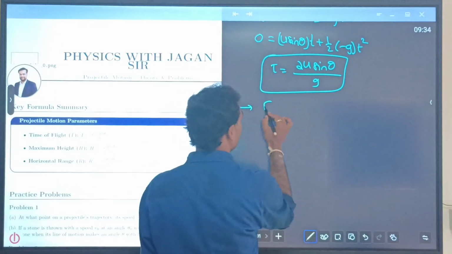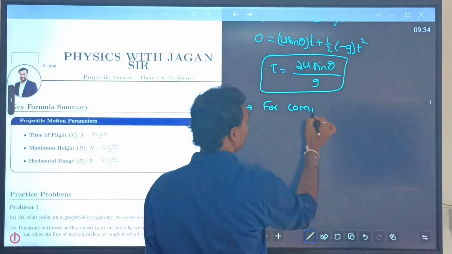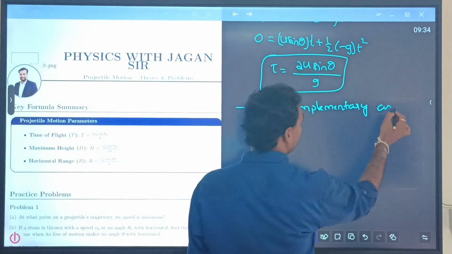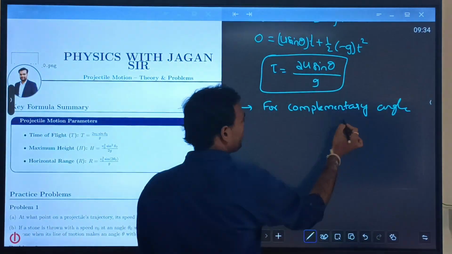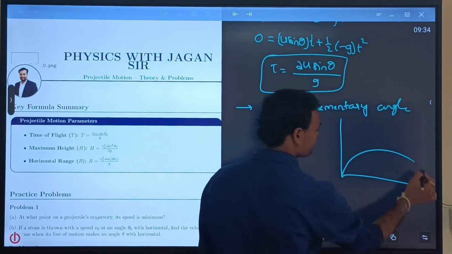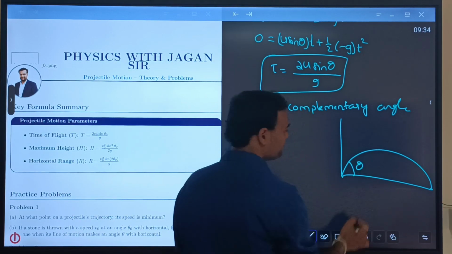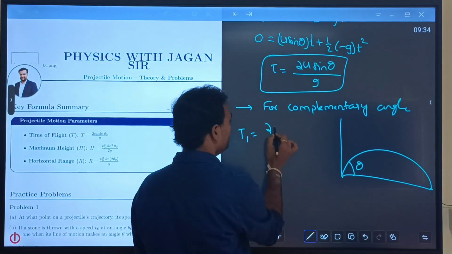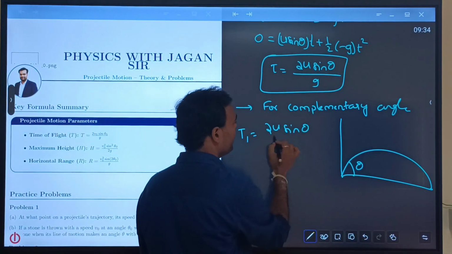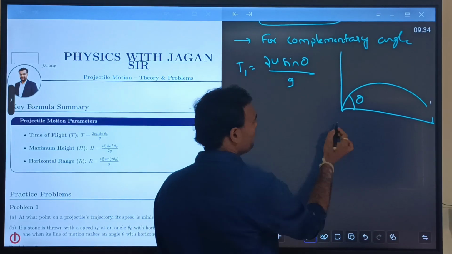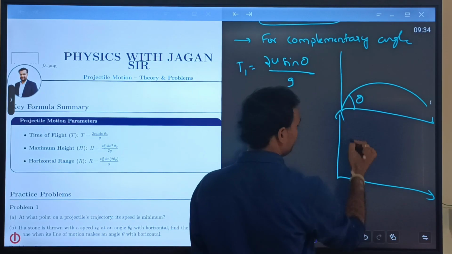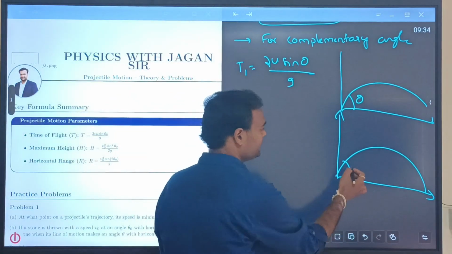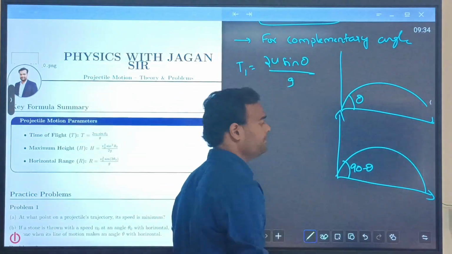Now, for complementary angles: suppose the angle is theta, and the time taken for this case is t1 = 2u sin theta by g. Now for its complementary angle, instead of theta we write 90 minus theta.